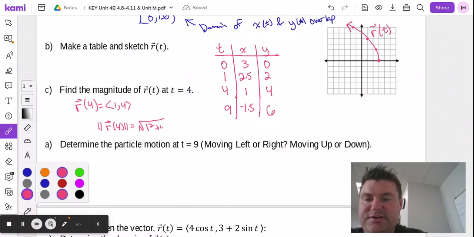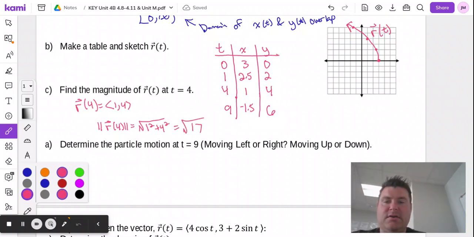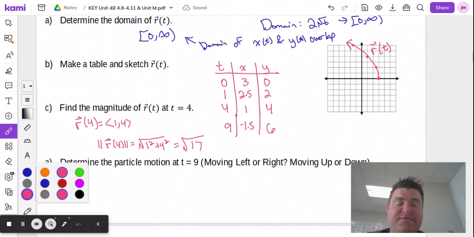It's just the square root of the sum of the squares of each component, which is root 17. All right, that represents, as this vector valued function is moving from 0 upward, when we're at 4, the speed is root 17. Okay, so that's how fast it's going.